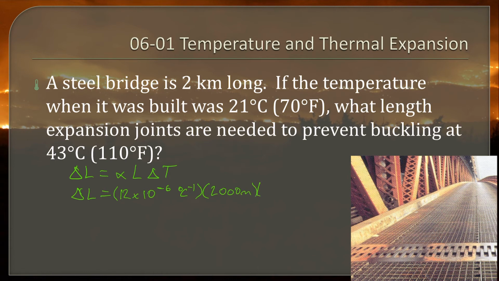And our change in temperature, well, we're going to be at 43, and we started at 21. It's always final minus initial. And then you can multiply all that together. And your expansion joints need to be a little over half a meter long.